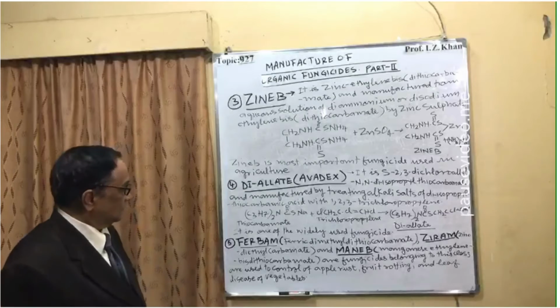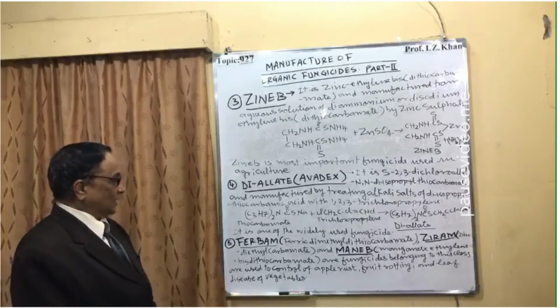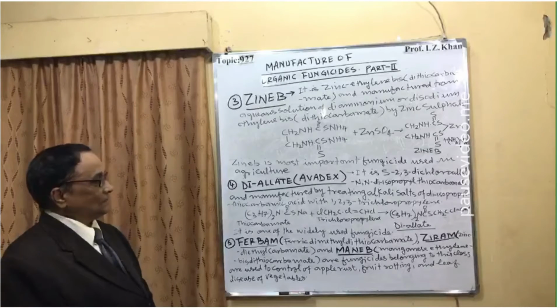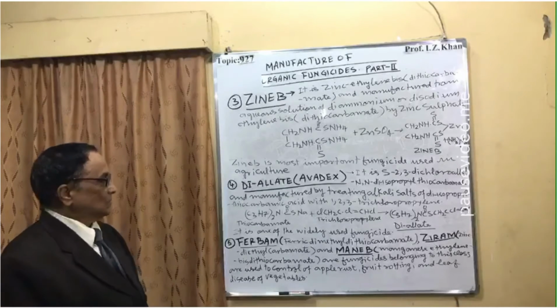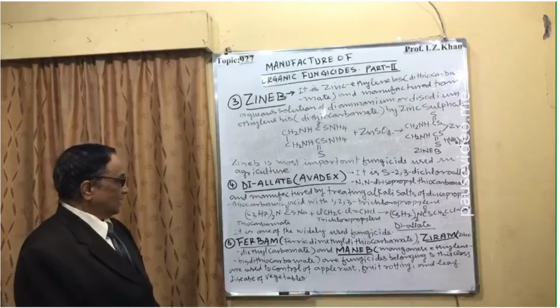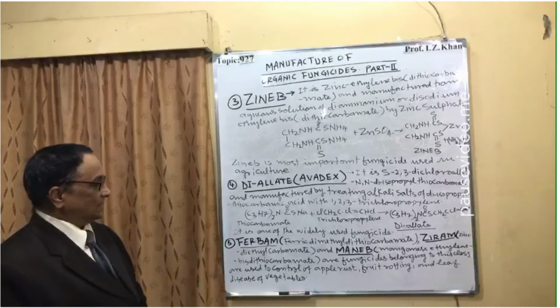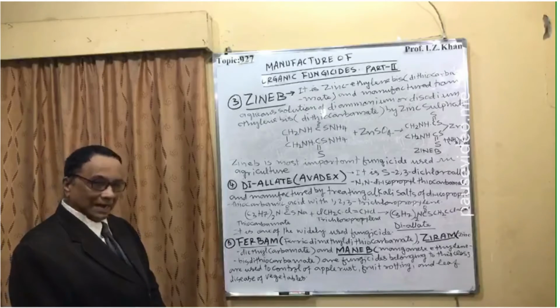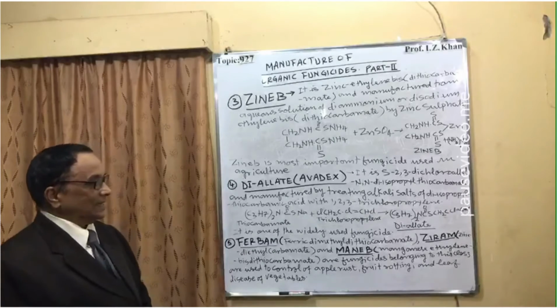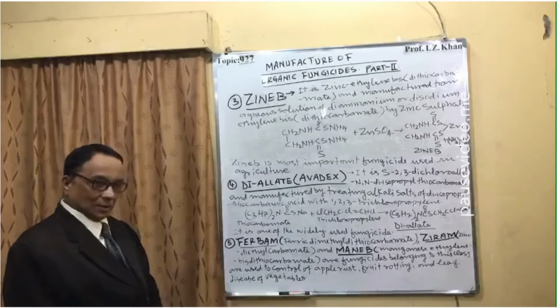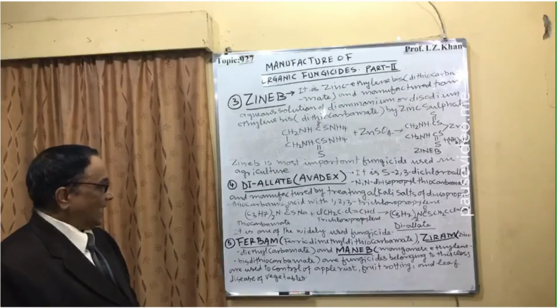Number 5, Ferbam. Ferbam is ferric dimethyl dithiocarbamate. Then Ziram. Ziram is zinc diethyl dithiocarbamate, and the next one is Maneb. Maneb is manganese ethylene bis dithiocarbamate.